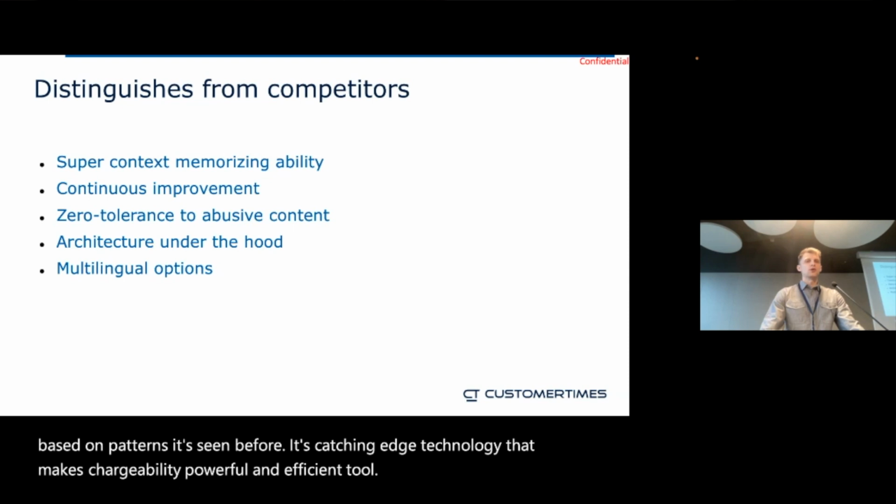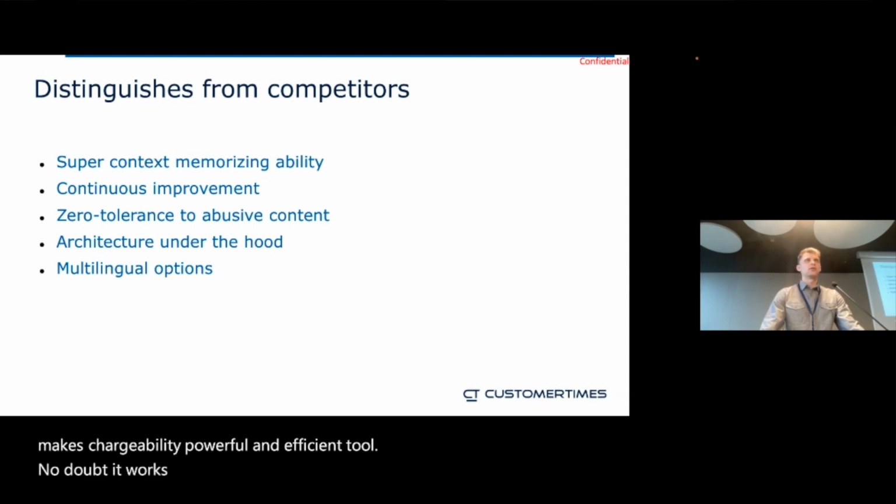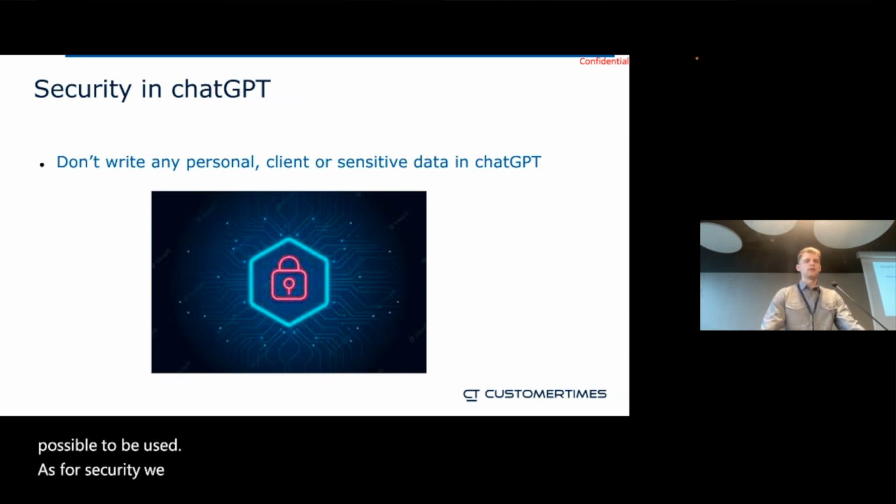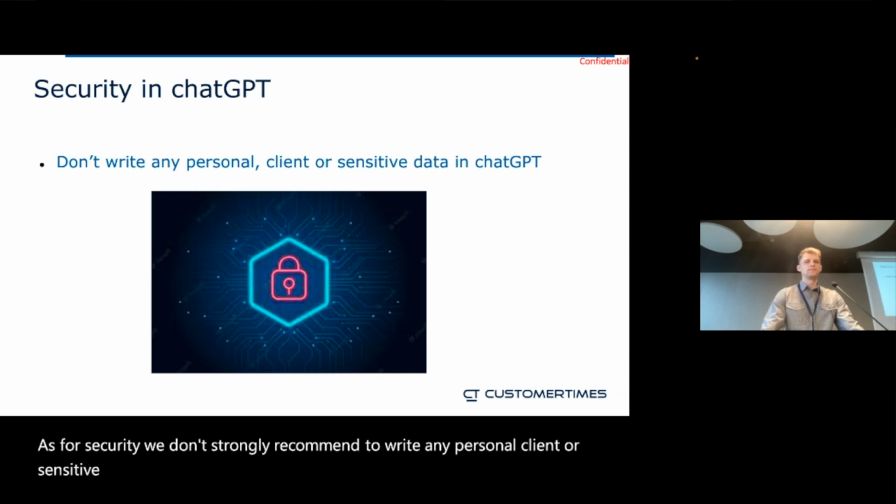No doubt, it works better in English, but all other languages can be used. As for security, we don't strongly recommend writing any personal, client, or sensitive data in ChatGPT.